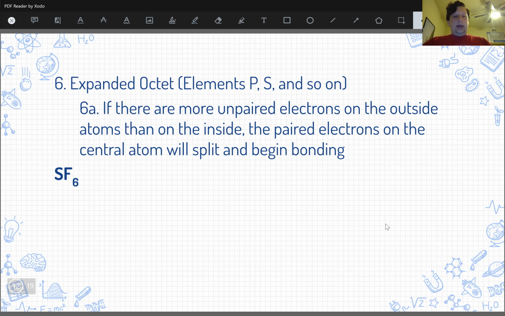So in this case, we have sulfur hexafluoride, SF6. And we are going to put sulfur there in the middle. We have 6 fluorines that we need to make.